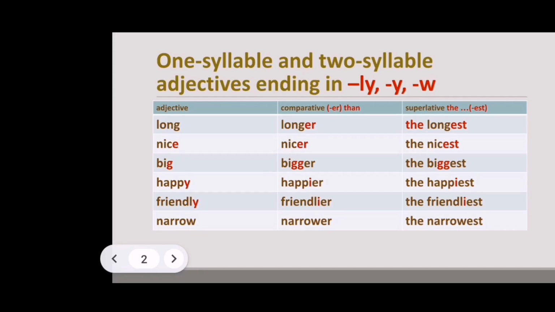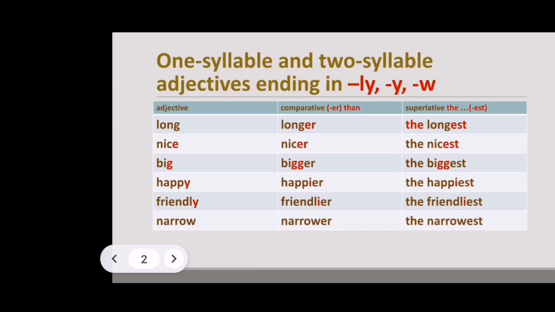Nice, nicer, the nicest. The last consonant in one-syllable adjectives is doubled. Big, bigger, the biggest. Letters y in endings y and ly should be changed into i. Happy, happier, the happiest. Friendly, friendlier, the friendliest. And for example, the word narrow with ending w, narrow, narrower, the narrowest.